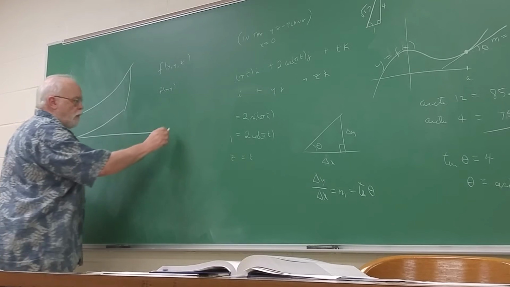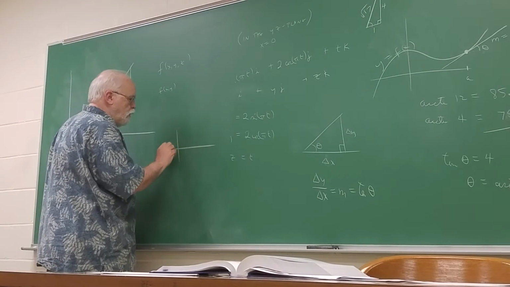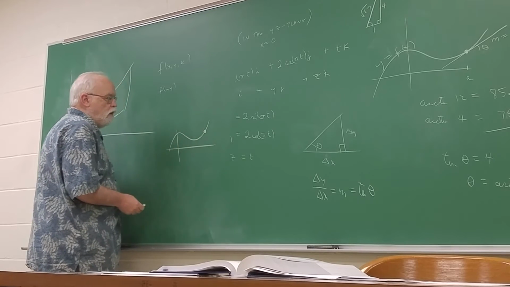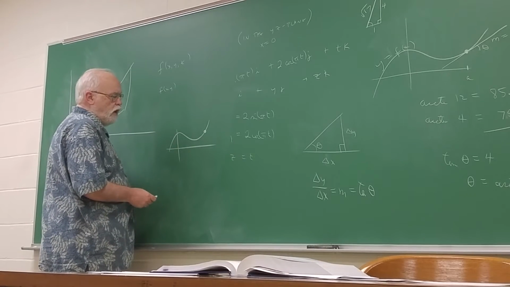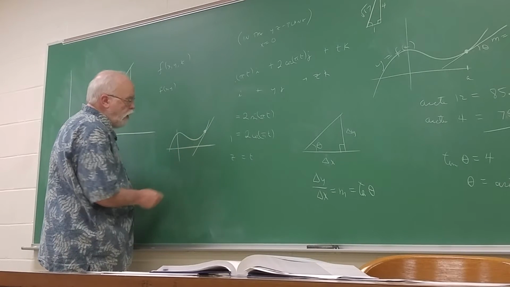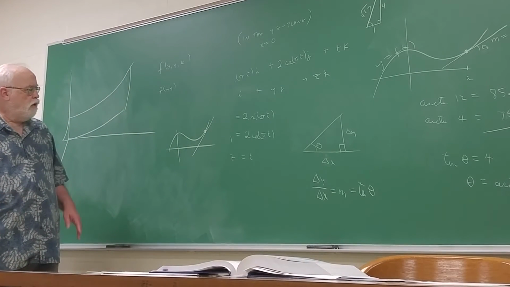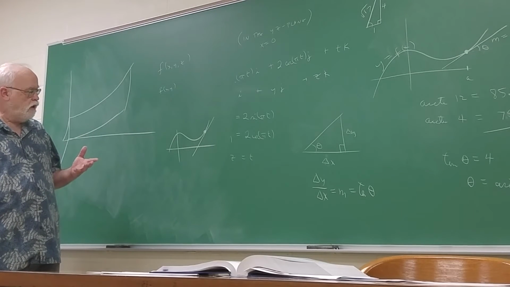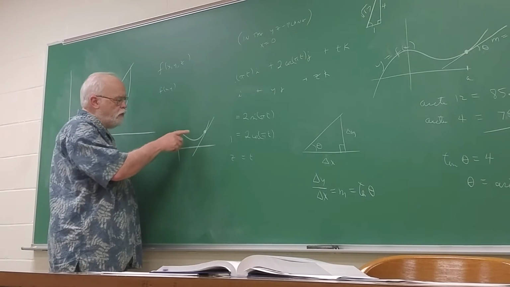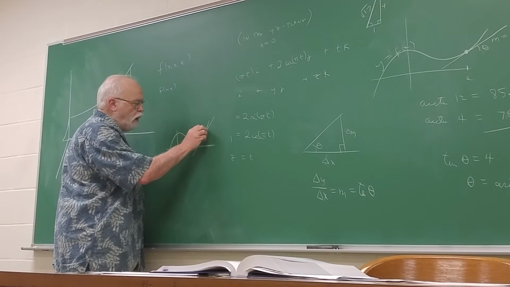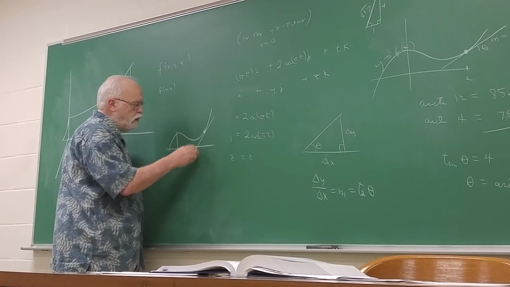Now, let's see. In Calculus 1, we talk about the tangent line. And in order to get the motivation for the derivative, what we did is I want to figure out the formula for the tangent line by sneaking up on it.